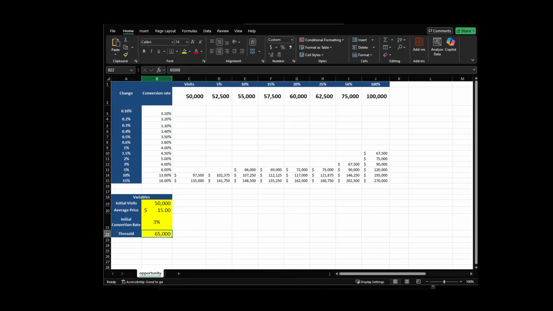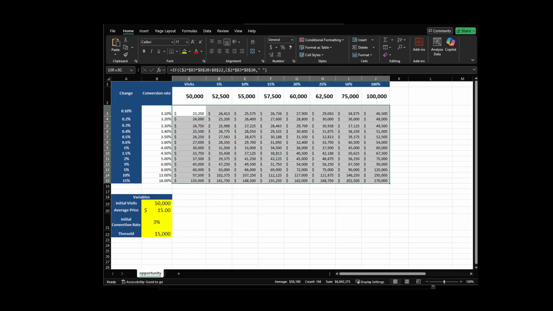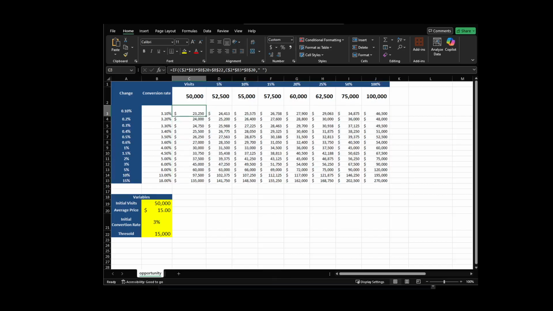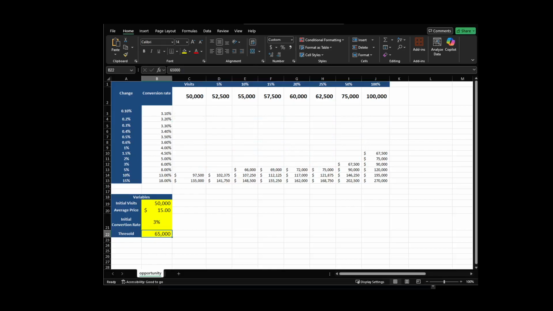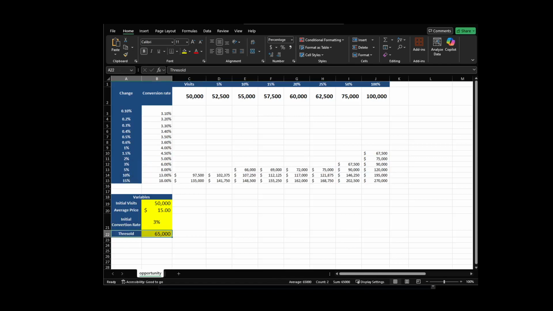If we change the money to, I don't know, 15, we can see all the metrics or all the values that can change this threshold. But for the sake of learning, we still are at 65,000.